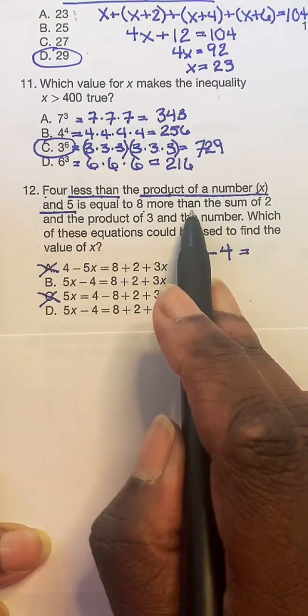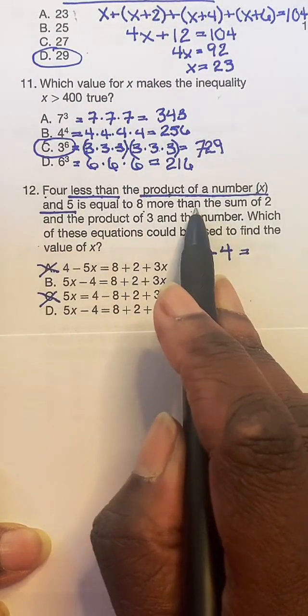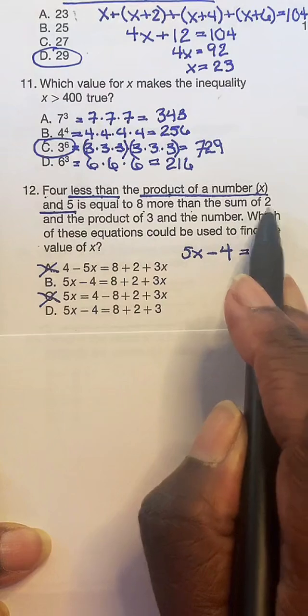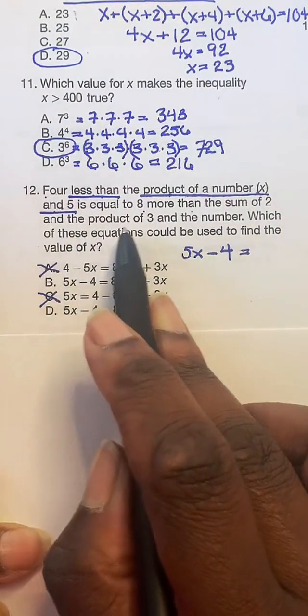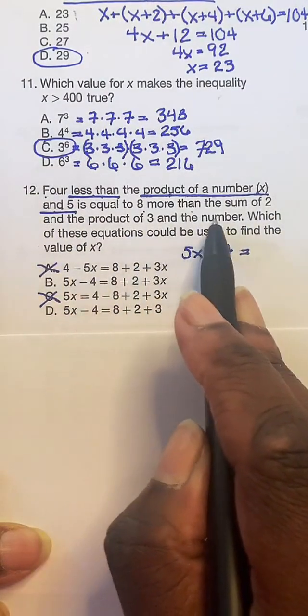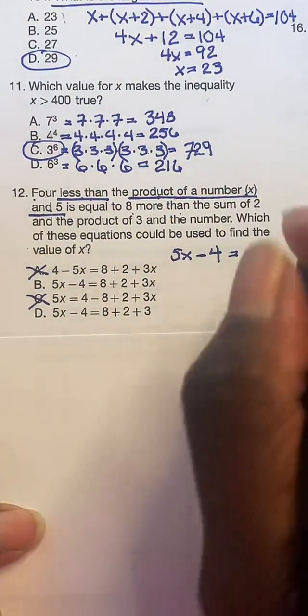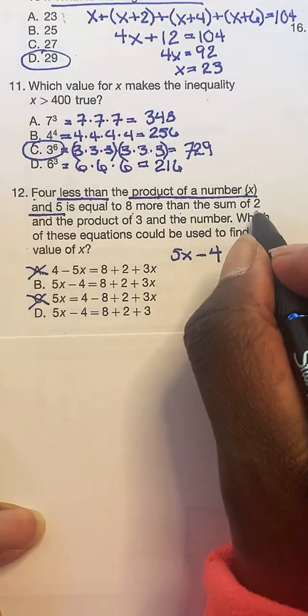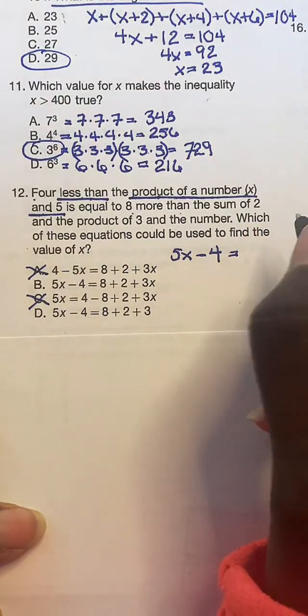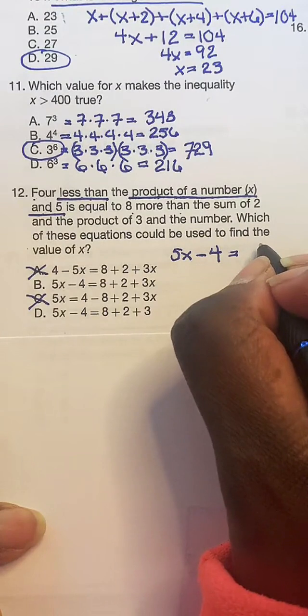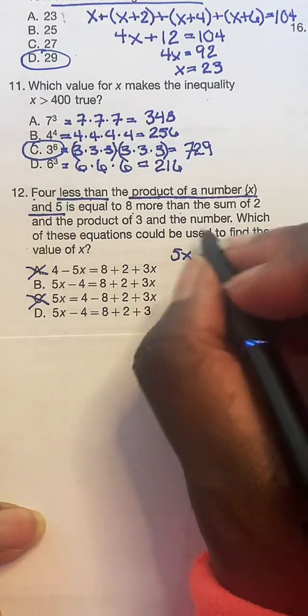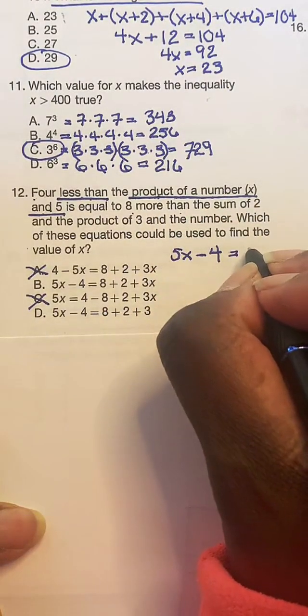8 more than is addition, the sum of 2, and the product of 3 and the number. So this is what they're saying. We are going to have the sum of 2. So it's really going to be 8 plus 2, because with the more than, they never change it.